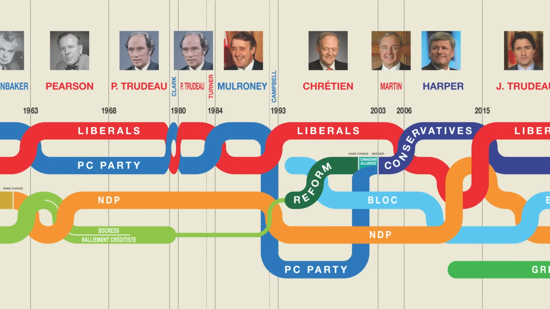It was even further to the right than the PC Party, and was founded by the son of a former Socred leader. So, in the 1993 election, the PC Party was now led by Kim Campbell, Canada's only female prime minister to date. But they suffered a colossal defeat, going from 156 seats to just 2.